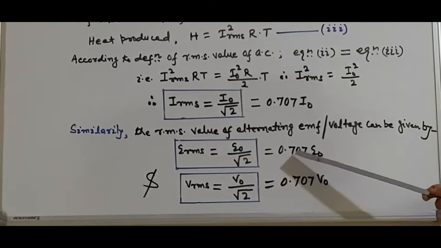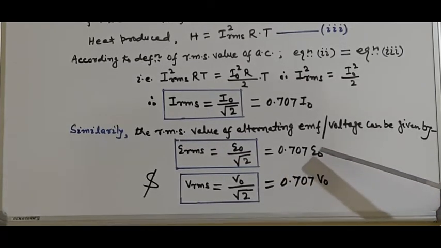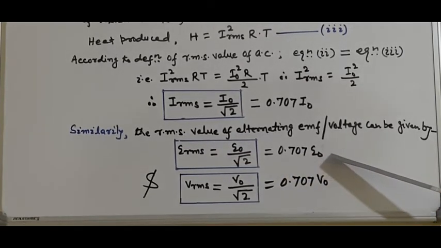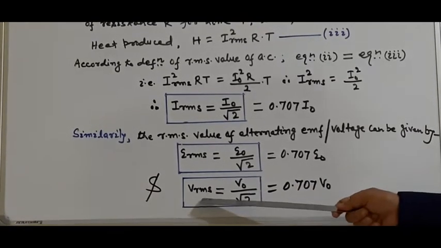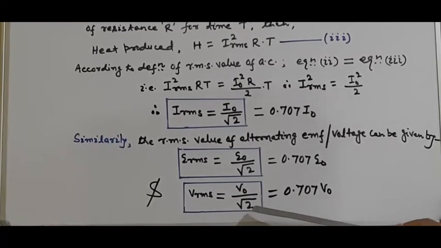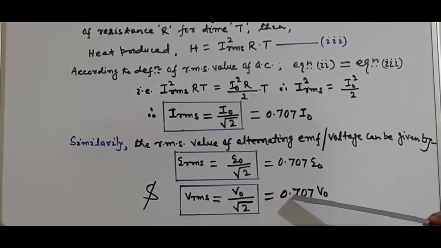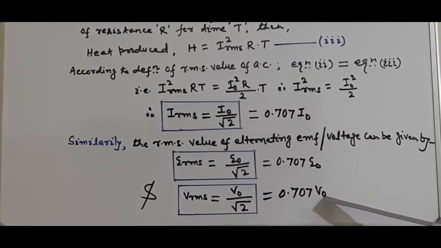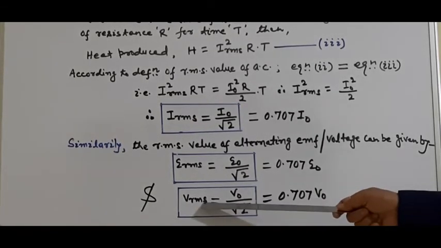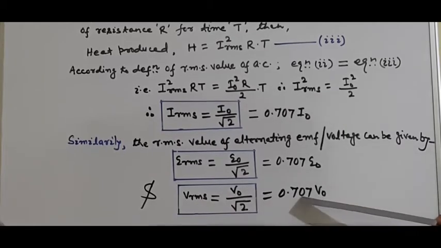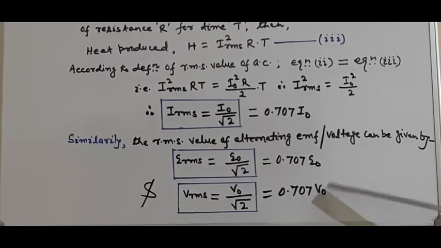Again it is 0.707 E naught, means 70.7% of the peak value of EMF. And RMS value of the alternating voltage VRMS is equal to V naught by under root 2. Again this is equal to 0.707 V naught. V naught means peak value of the alternating voltage, means VRMS or RMS value of alternating voltage is 70.7% of its peak value.